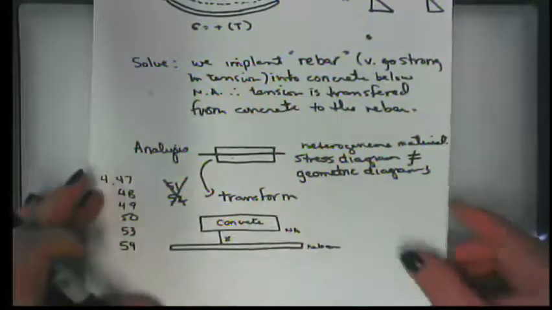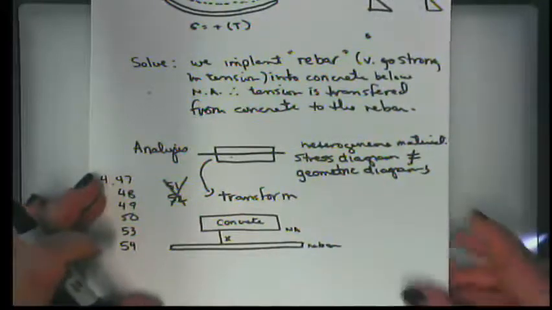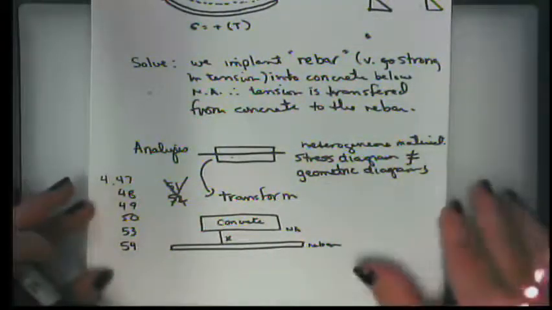All right, so I'll work one, because I have 20 minutes left, and then I will assign you two on your homework, and that's the end of the homework for Chapter 4. I'm going to do problem 4.49.